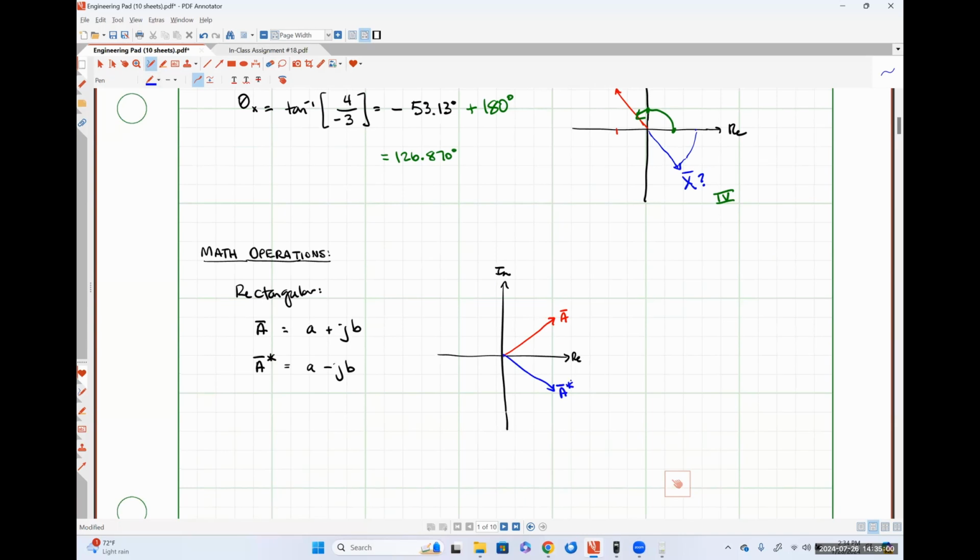So it's going to be the exact same complex number, but it's just flipped over the horizontal axis. So from that, what do you think a conjugate is going to look like in polar form?